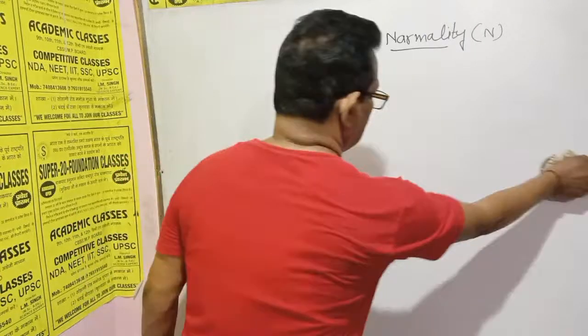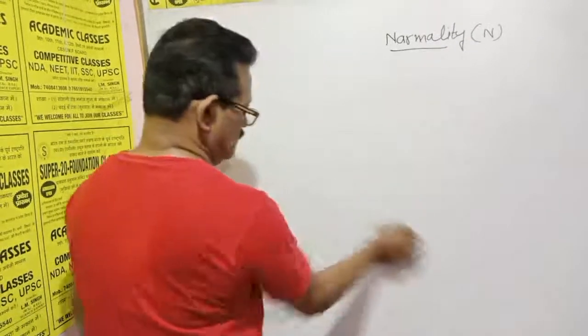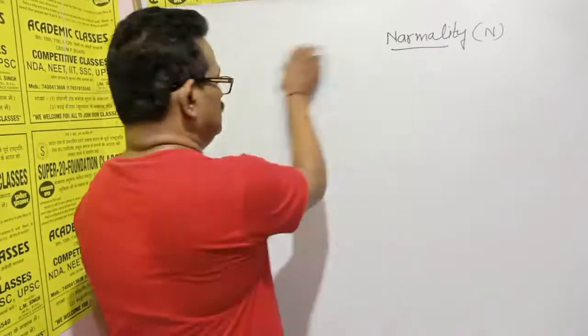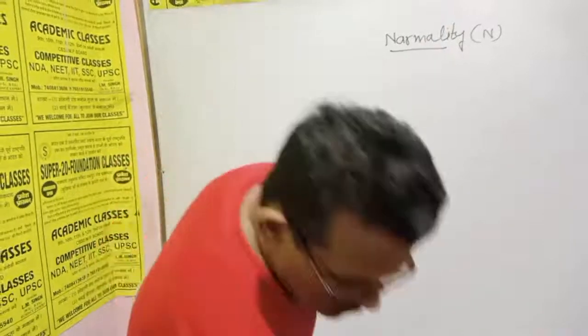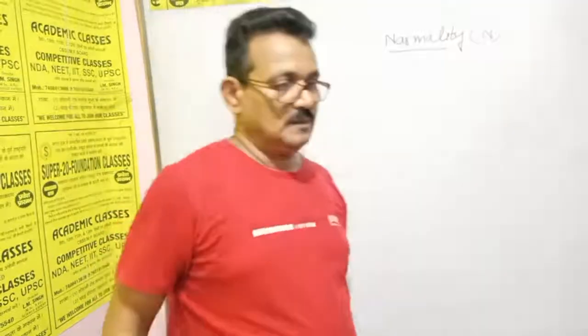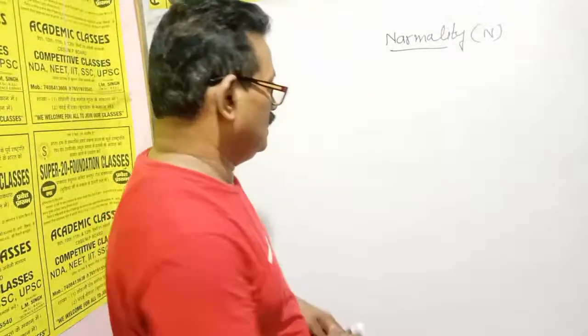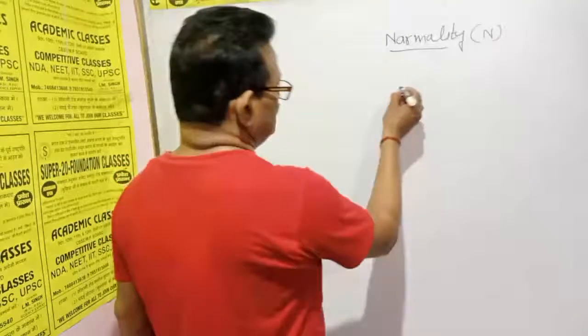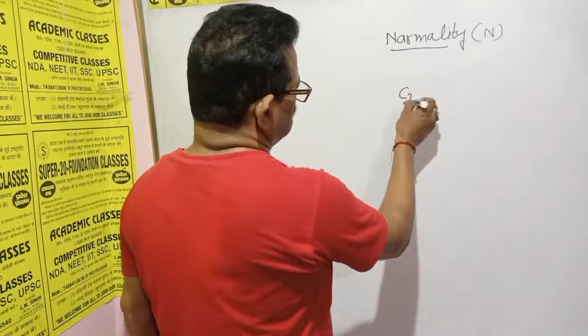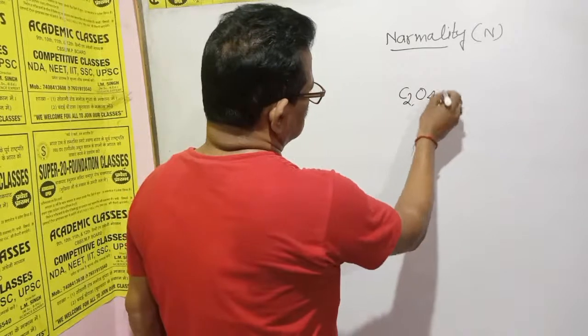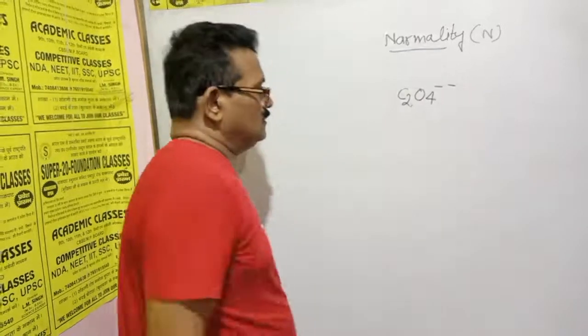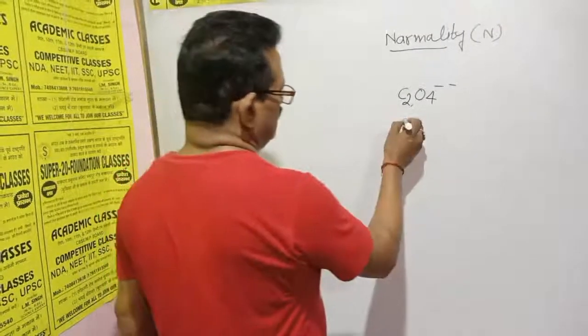Oxalate ion. Today is a very hot temperature, about 40 degrees Celsius. Oxalate ion, C2O4 double negative. This is the oxalate ion here.